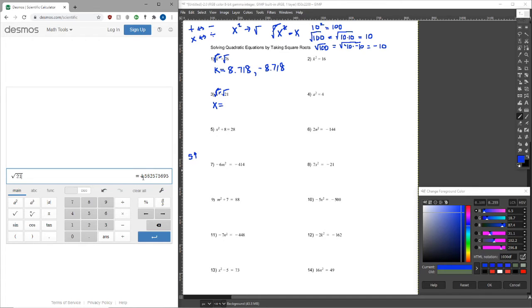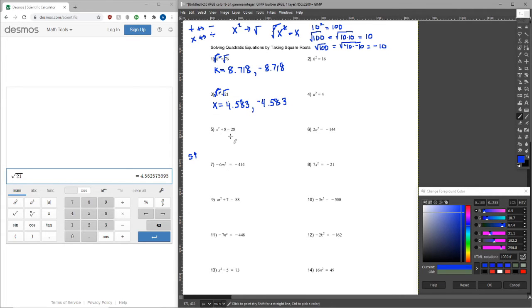So it would be 4.582, except the 4th place is a 5. Remember, 5 or bigger will cause that 3rd place to go up. So that'll be 4.583. And just like we learned at the beginning of the lecture, you always get the negative version as well when you take a square root. So negative 4.583 as well.